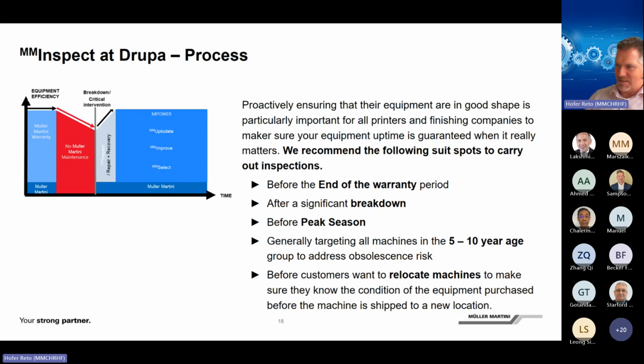The next aspect is machines of 5 to 10 years. This is generally our sweet spot. These are machines that are not ancient, 20 or 25 years old, but machines almost at the peak of their performance. They're probably the machines the customer relies on the most in the building.